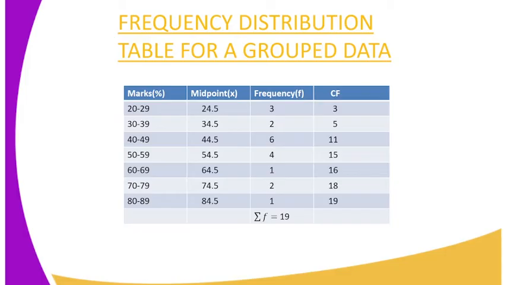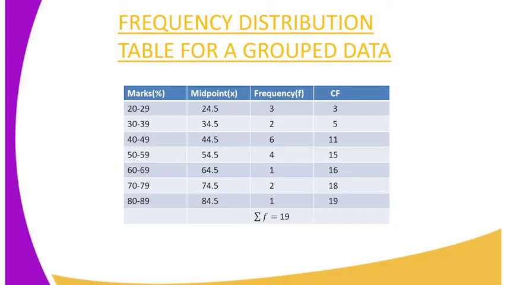And when it comes to calculation of the midpoint, you are supposed to take the first number here, 20, you add it to 29, you will get 49, then 49 you divide by 2, then you will end up getting 24.5. You repeat with the rest, and you fill this column up to the last row, whereby 80 plus 89, then you divide the resulting number by 2, you will end up getting 84.5.